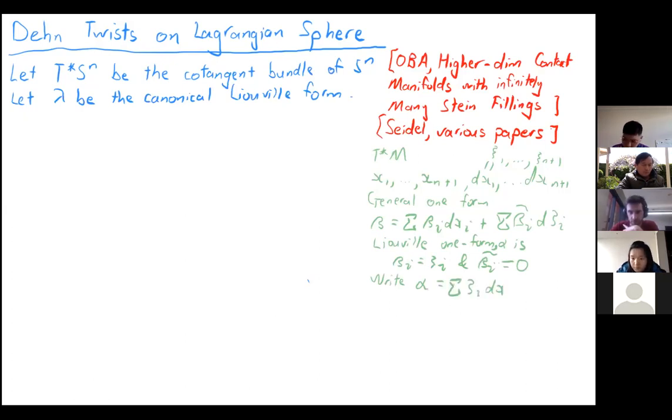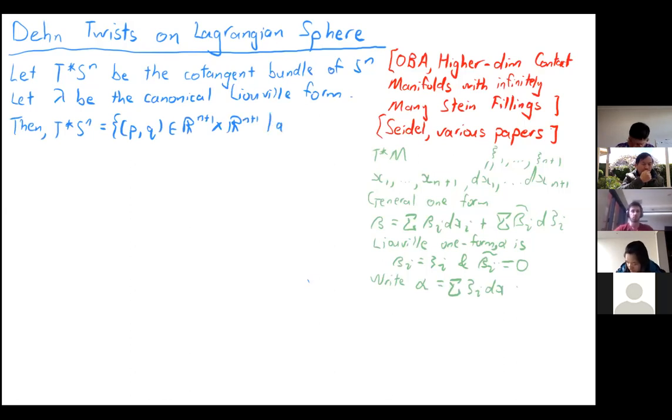Okay, and in our case, if we write our cotangent bundle with the following coordinates, we can see that we can write lambda to be p dq.